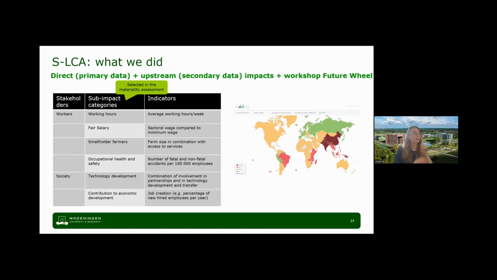But then also we wanted to include secondary data, with the databases, to zoom out of this one specific farm, but on a country level, on the whole agricultural sector, what are the risks based on statistics, to put it into perspective, to say, okay, the primary data says this, but in general in agriculture in this country, there are mainly these risks, so we can have the full picture. And we can also compare to see if it applies or not, also to the specific farms. And then next to that, as I said before, we also did a workshop to see in a qualitative way what risks they might foresee towards the future.